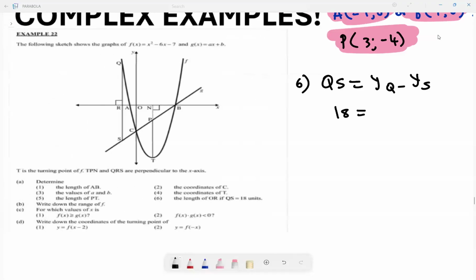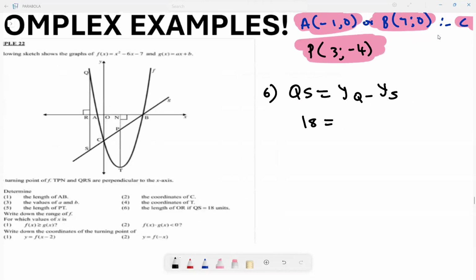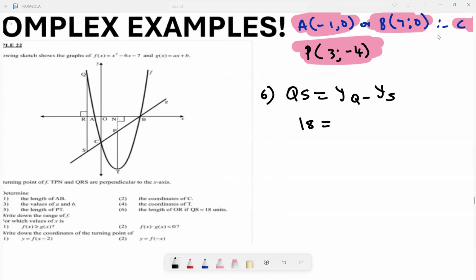I did not want us to use the calculus part, because if you are doing grade 12, you can apply calculus. But what you can do, since you do not know the value of x here at Q, is say this is the graph of f of x, and here you get the graph of g of x.